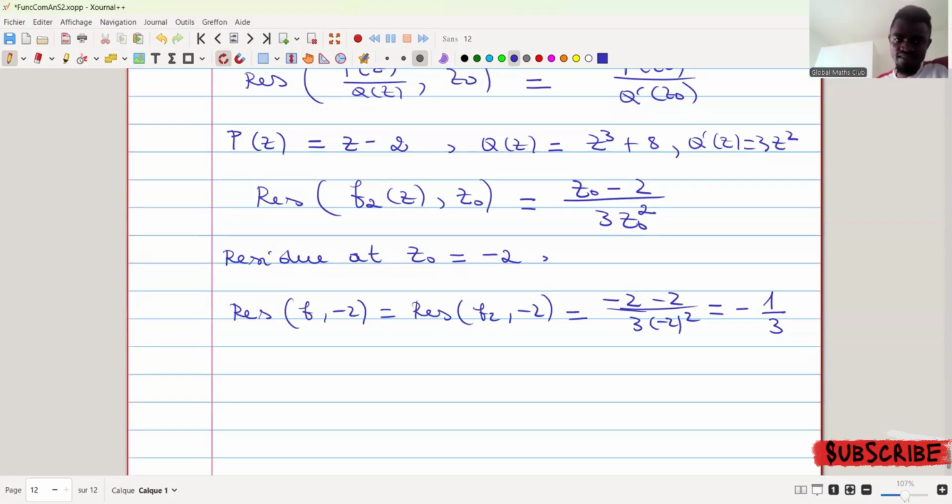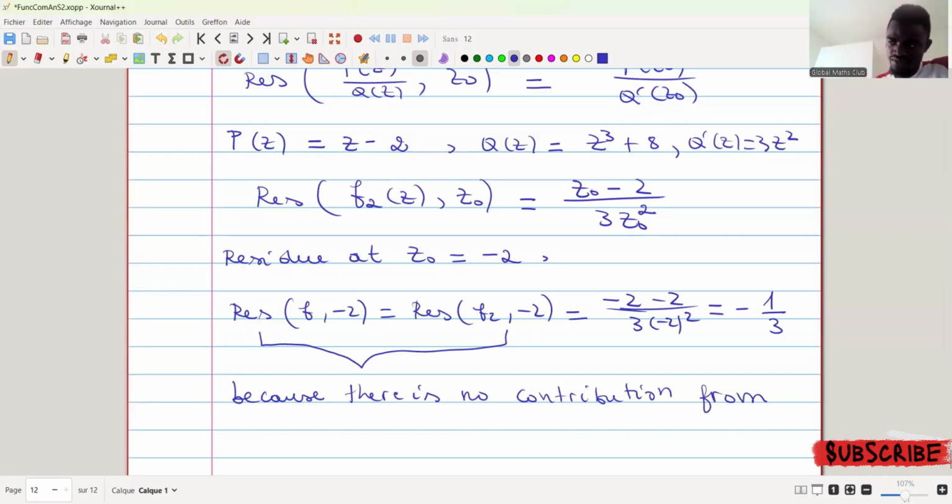So I see that this one equals this because there is no contribution from the first term, from f1.